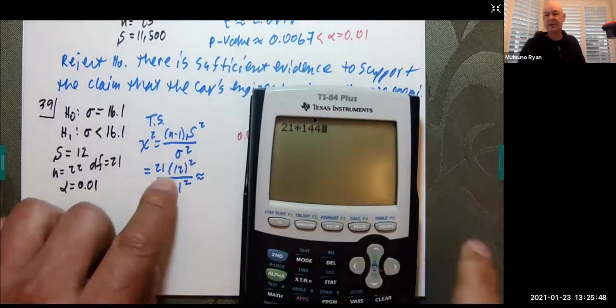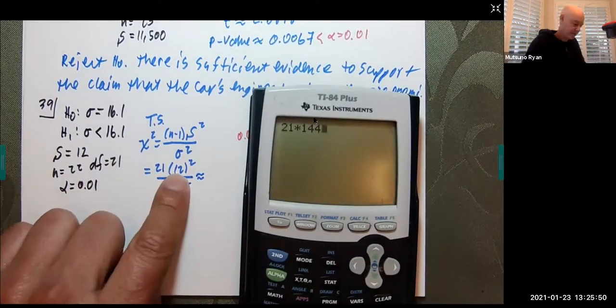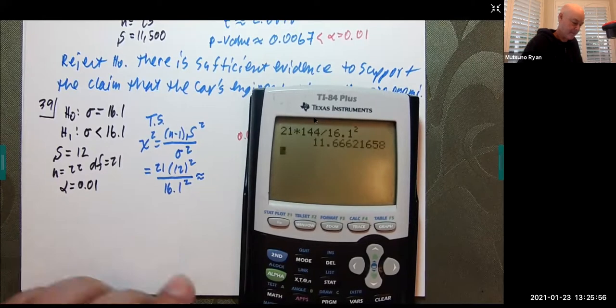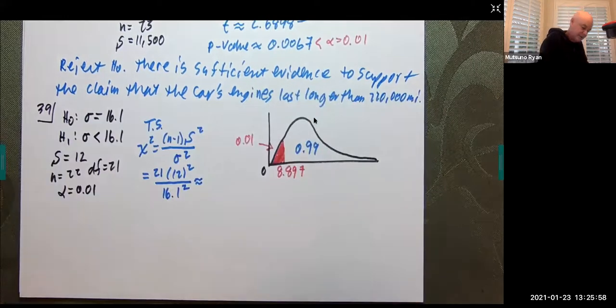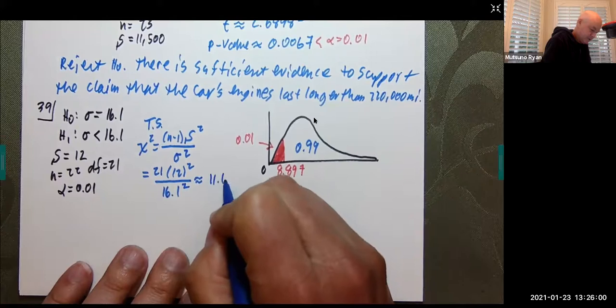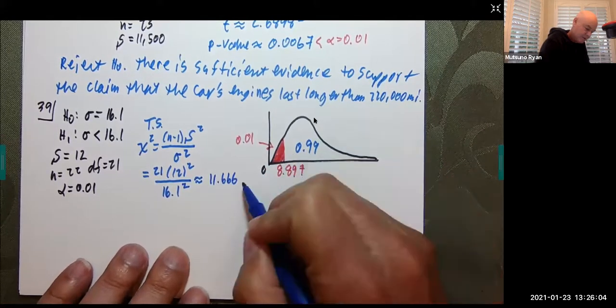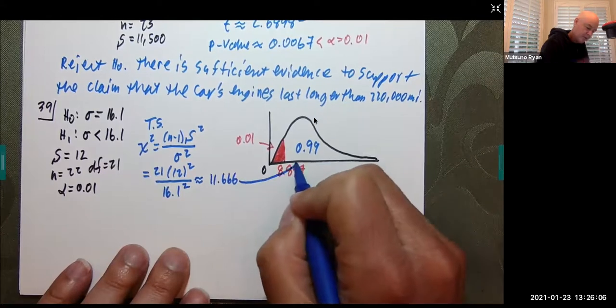I did 12 squared in my head, which is 144, divided by 16.1 squared. There's my test statistic, 11.666, which is right about there.